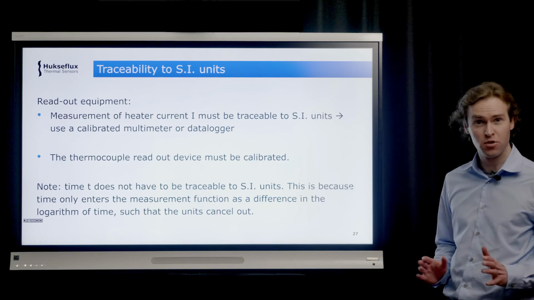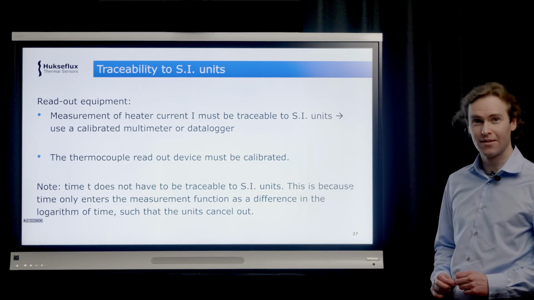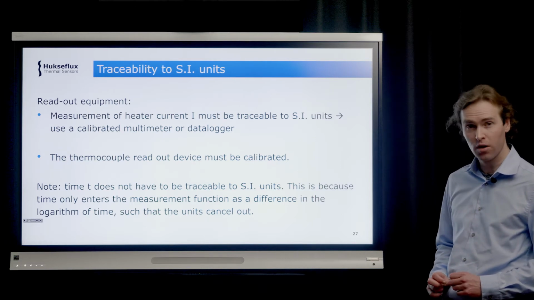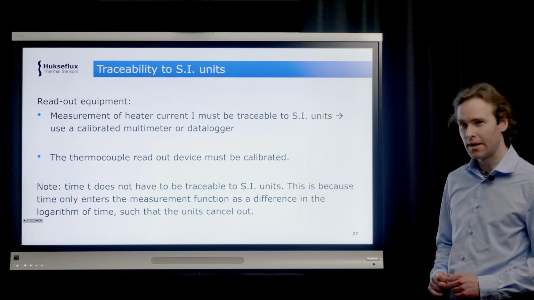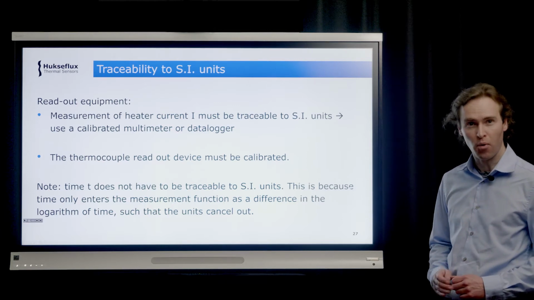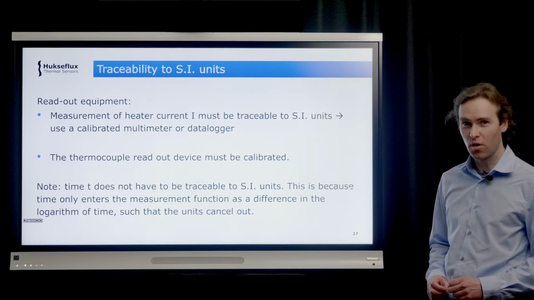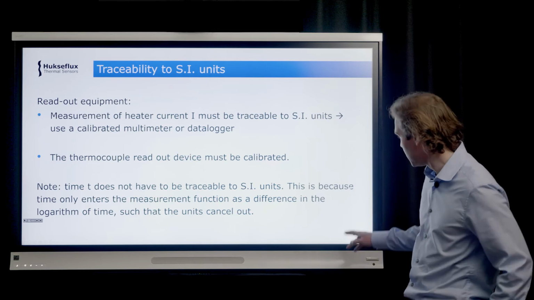So time does not have to be traceable to SI units. That does not mean that there are no requirements for your clock. Your clock frequency must be stable. And of course, the zero point in time needs to coincide with the heater switching on. So this needs to be correct.